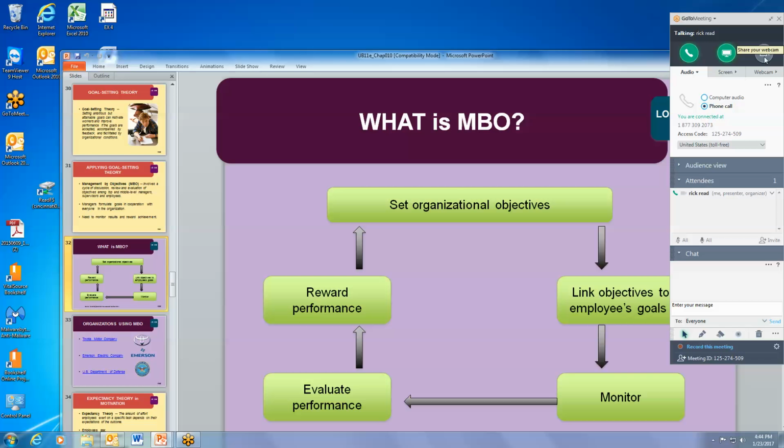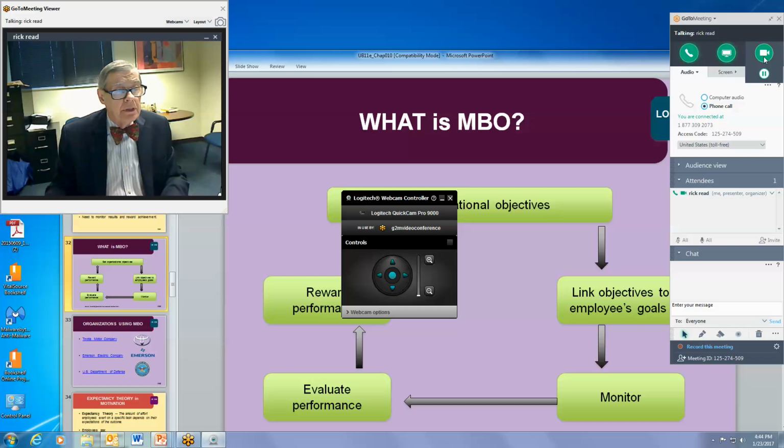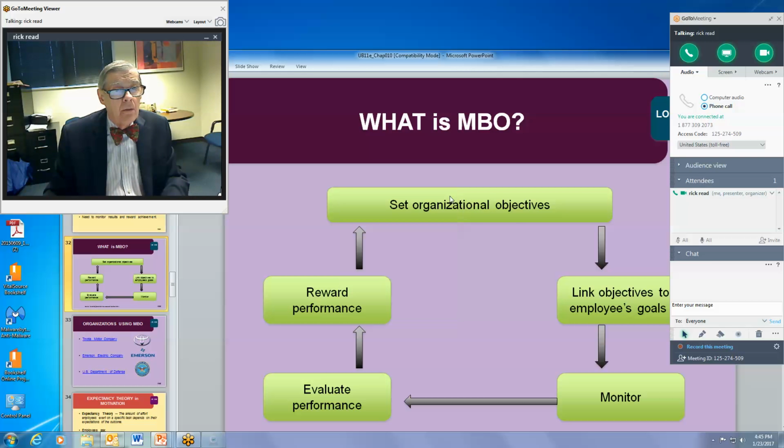You don't see this slide in your text, but notice here we set the objectives. Now, the objectives should stem from the organization's objectives. And then you could link them to the goals, and somebody has to monitor, evaluate performance, and reward performance, and it's a cycle or a circle, if you want, that continues.